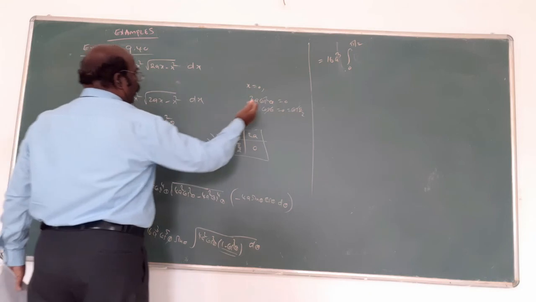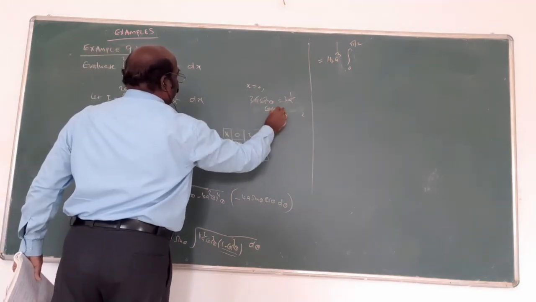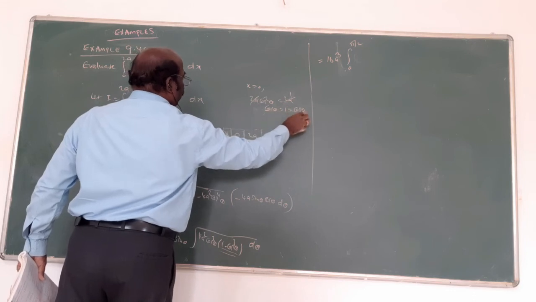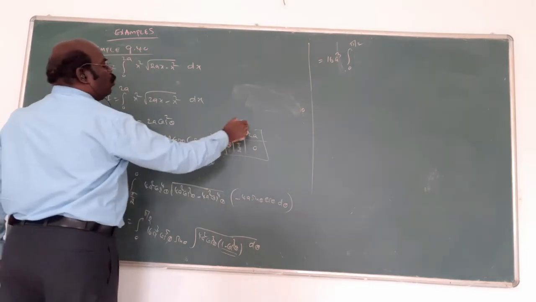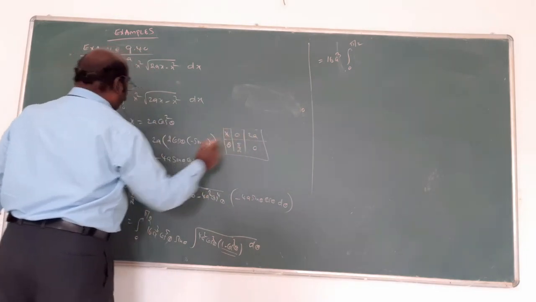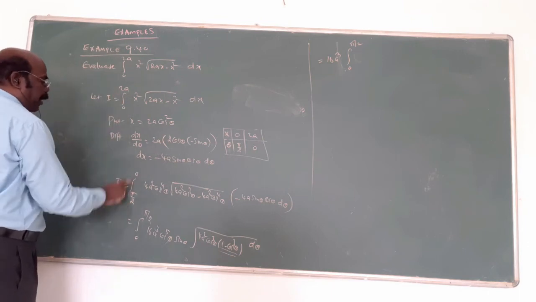When x equals 2a, cos theta equals 1, which is cos 0, so theta equals 0. Our limit 0 to 2a becomes pi by 2 to 0.